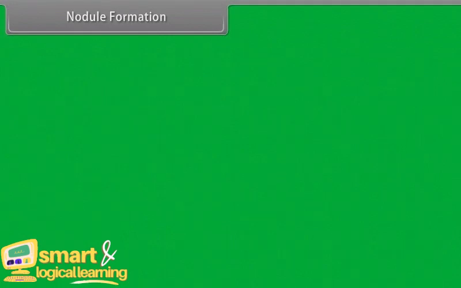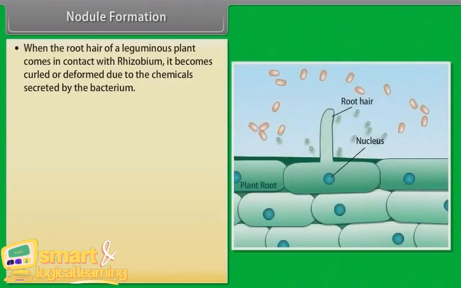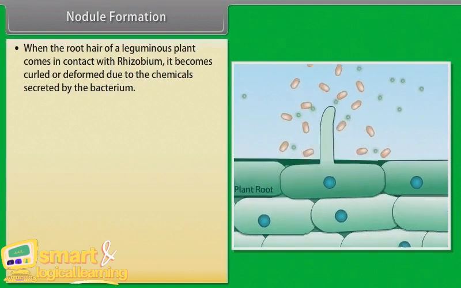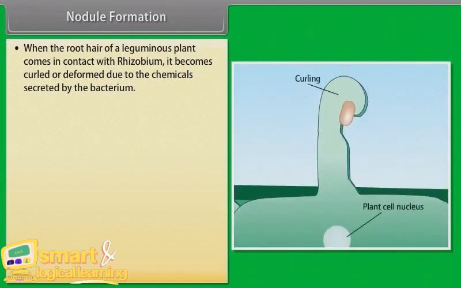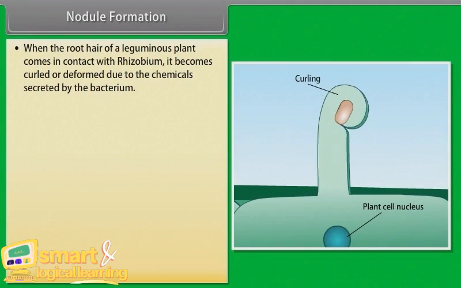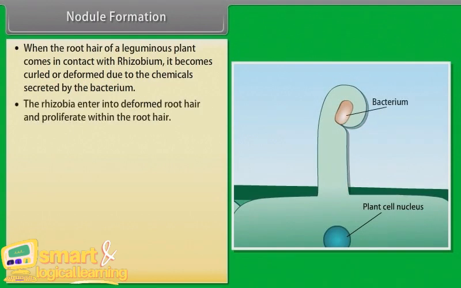Nodule formation. When the root hair of a leguminous plant comes in contact with Rhizobium, it becomes curled or deformed due to the chemicals secreted by the bacterium. The Rhizobia enter the deformed root hair and proliferate within it.